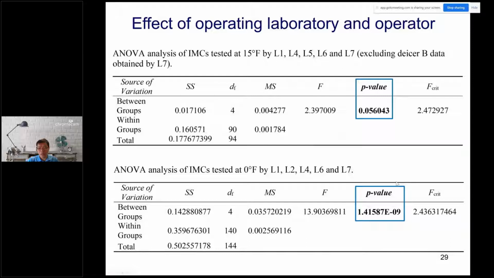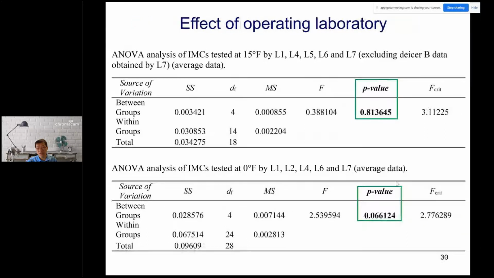Then we look at the data and think from the practical perspective: what we really care about is whether the reported numbers from different labs would be significantly different from each other. In that case, the reported value is the average. So when we test the average, the situation is much better.